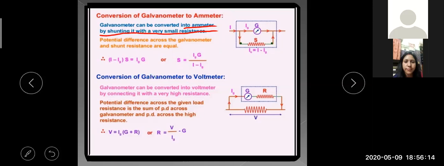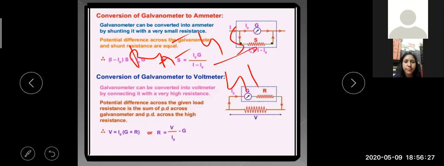So the value of RA is GS upon (G plus S). I hope this is clear to you.